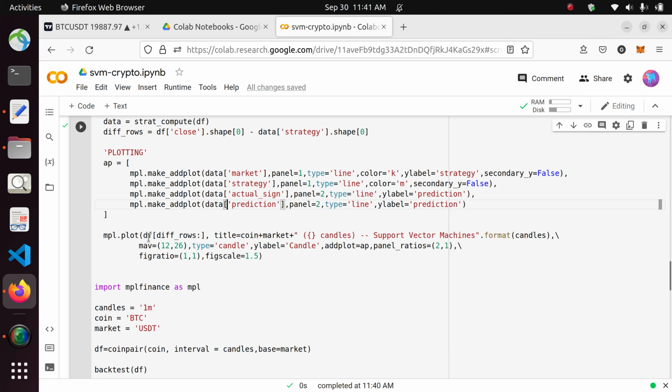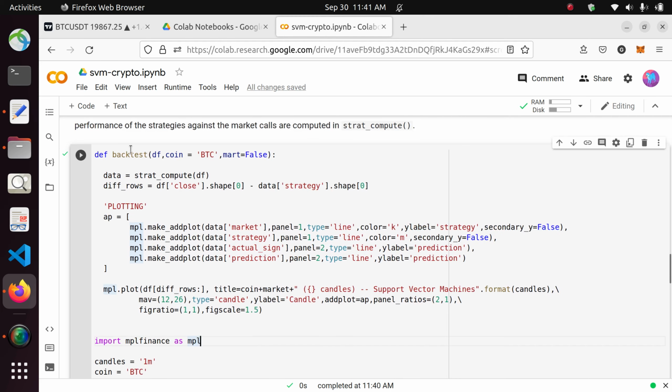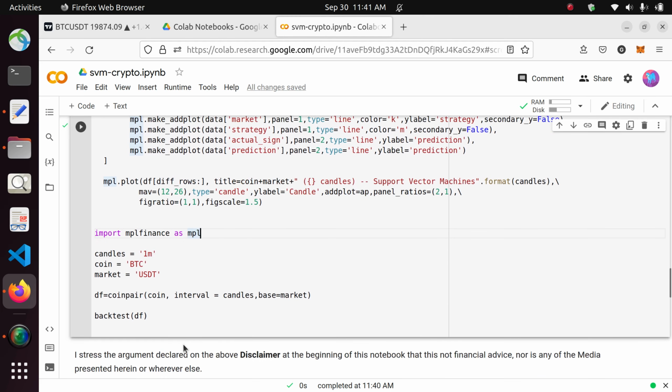They're being plotted along with the cryptocurrency data, which is here. So that's basically the function which makes it.